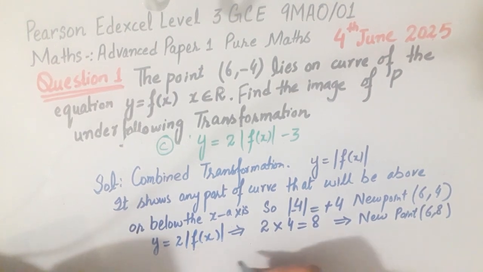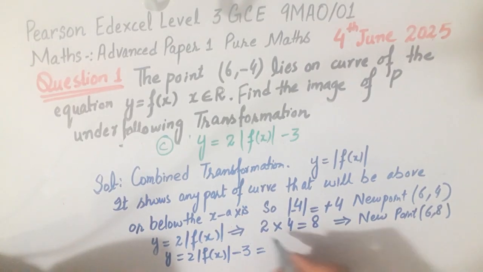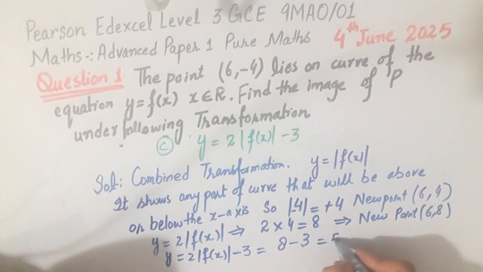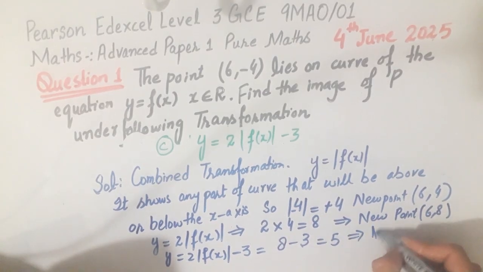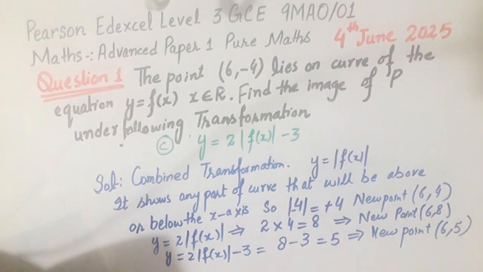Now for y equals 2 into mod of f of x minus 3, the value 8 minus 3 is 5. So the new point will be 6 and 5.